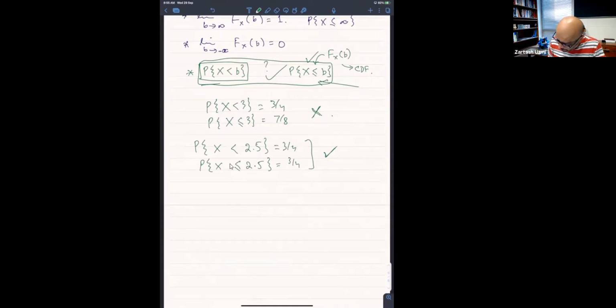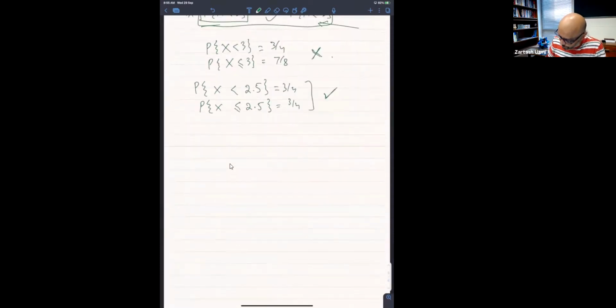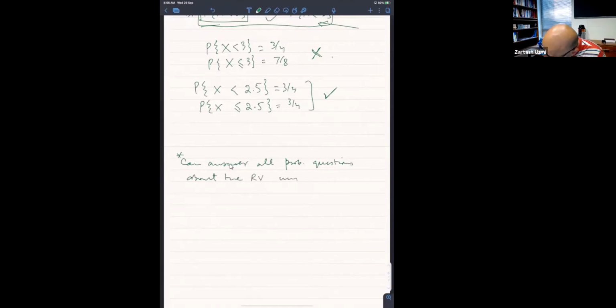Now you can answer all probability questions about the random variable using either PMF or using CDF.